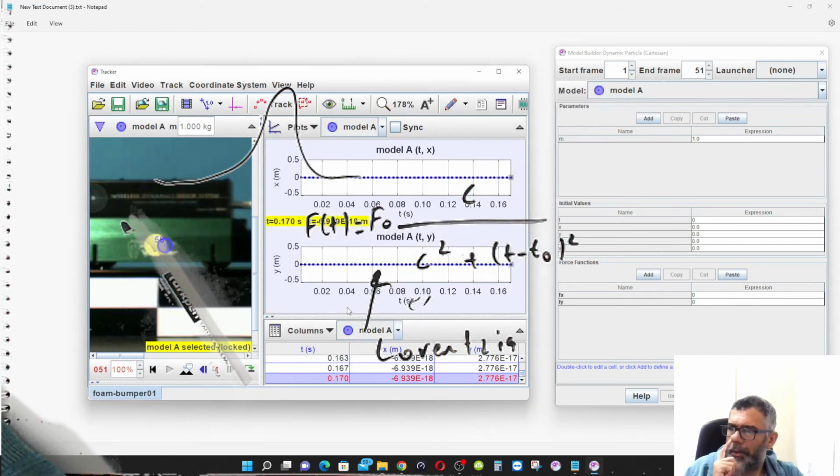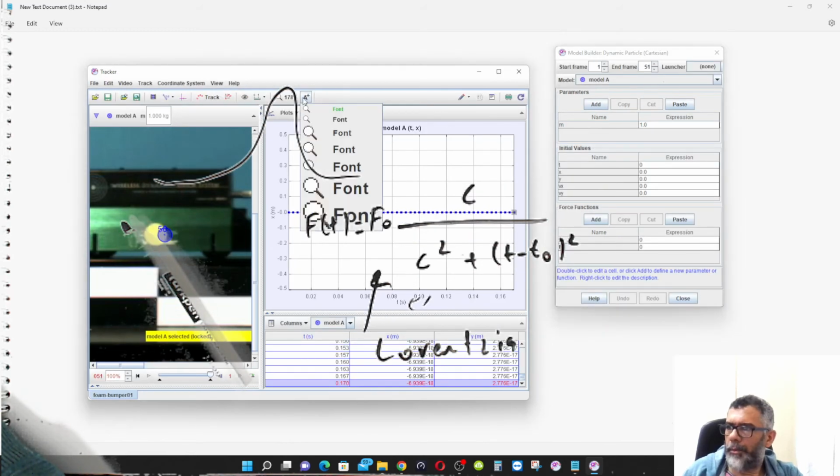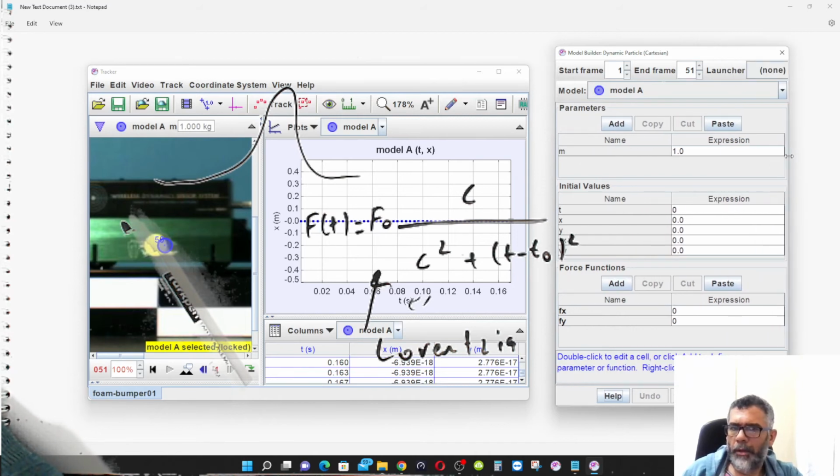Okay, so let's make this on a single plot, and let's play with the font so that you can see it. Okay, so this is another model now. What I'm going to type over here is this new force, which is f0 multiplied by c divided by c squared plus (t minus t0) squared. It's called Lorentzian.